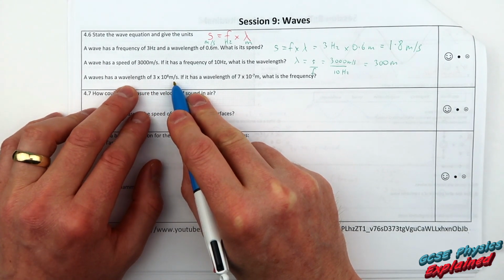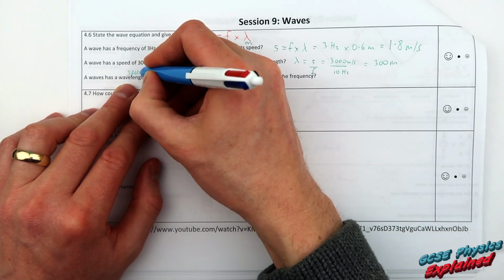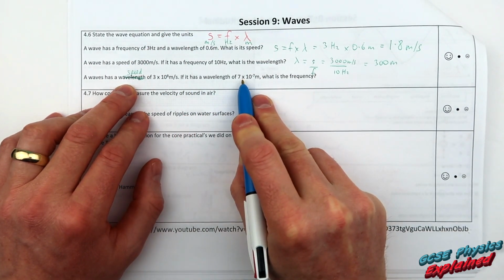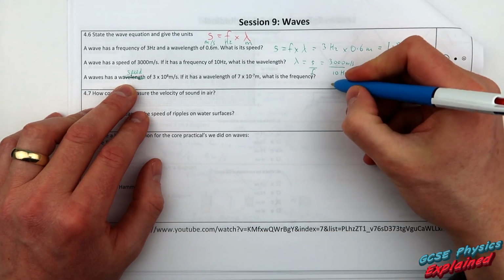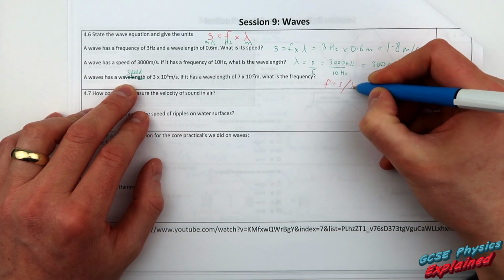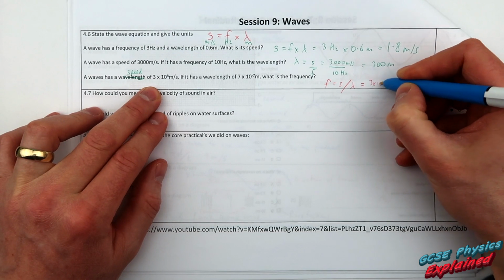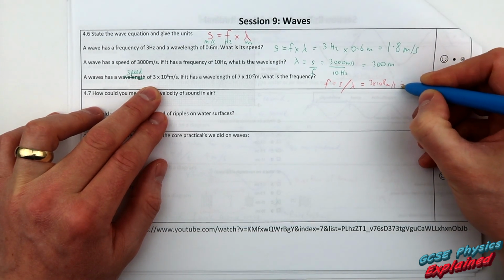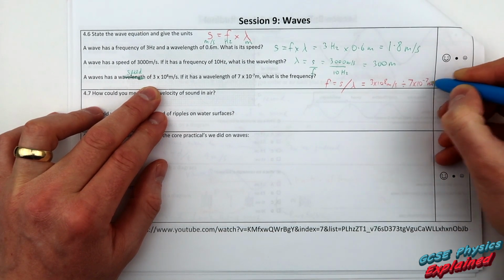A wave has a wavelength of 3 times 10 to the 8 meters per second. That's not a wavelength, that's a speed. If it has a wavelength of 7 times 10 to the minus 7 meters, what is its frequency? So rearranging the equation, frequency equals speed over the wavelength. So that means 3 times 10 to the 8 meters per second divided by 7 times 10 to the minus 7 meters.